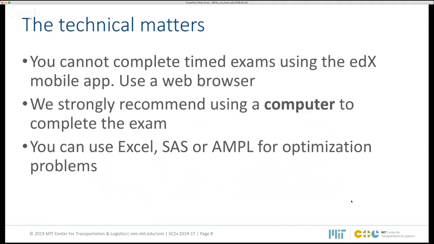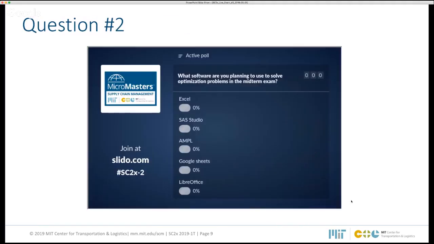And that brings me to the second question that I have for you, and that's related to what is the software that you're planning to use in this midterm exam. So what software are you planning to use to solve optimization problems in this midterm exam? Are you planning to use Excel, or maybe SAS Studio, AMPL, Google Sheets, or maybe LibreOffice?